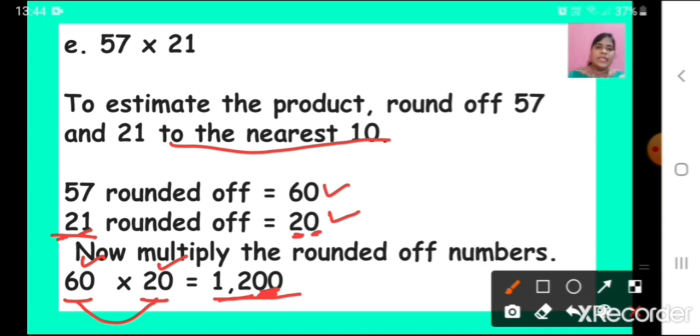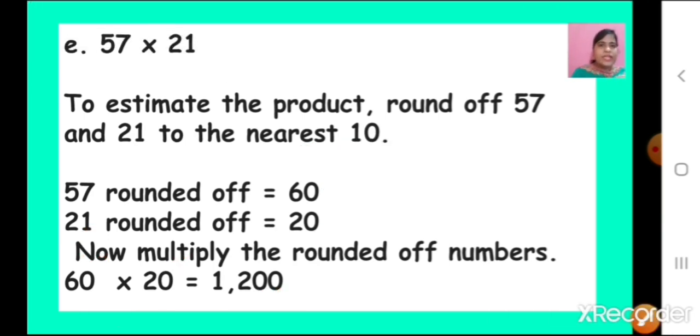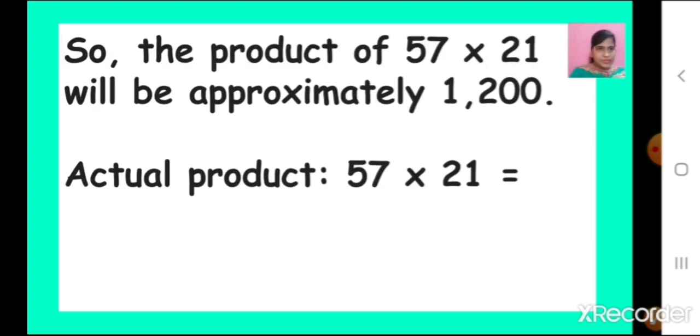So 60 multiplied by 20 is equal to 1200. What is 1200? Our estimated product. As we have got the estimated product, let us find out the actual product also. Okay, like if we actually multiply 57 and 21, what will be the product?